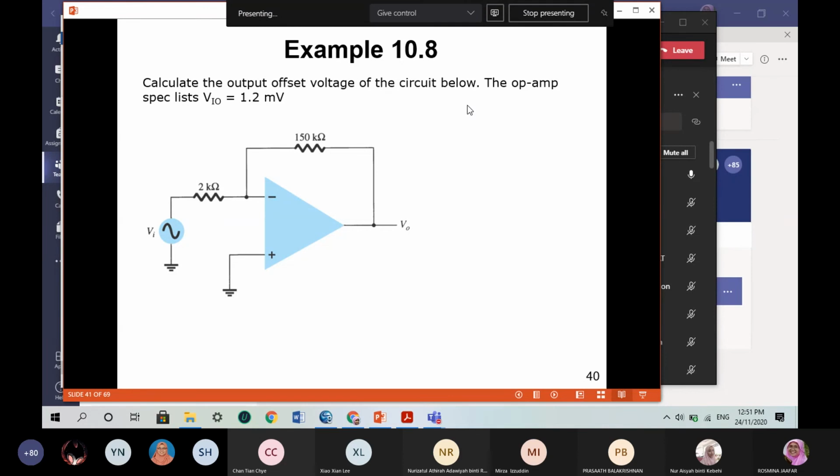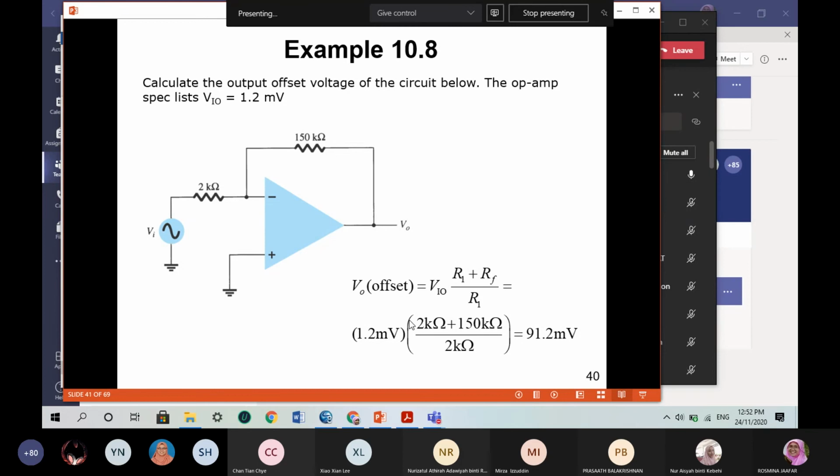The op-amp specification sheet lists VIO as 1.2 millivolts, meaning that in order to make VO equal to 0, you need to apply an input offset of 1.2 millivolts to make the VO become 0. So VO offset is equal to VIO times (R1 plus RF) divided by R1. RF is 150 kilo ohms, R1 is 2 kilo ohms.